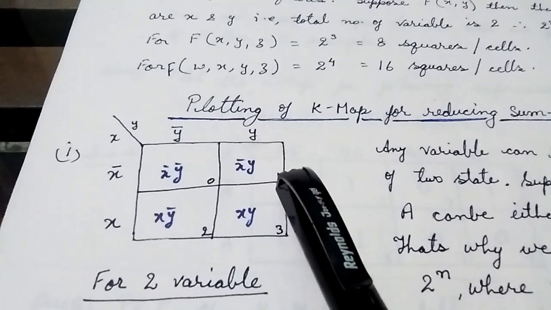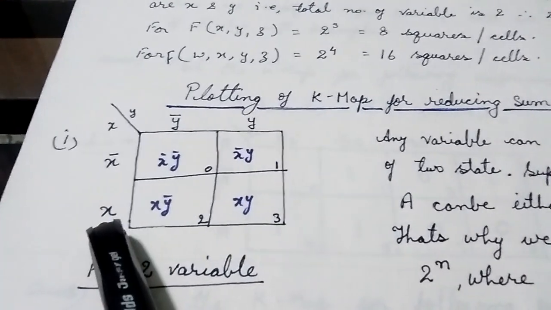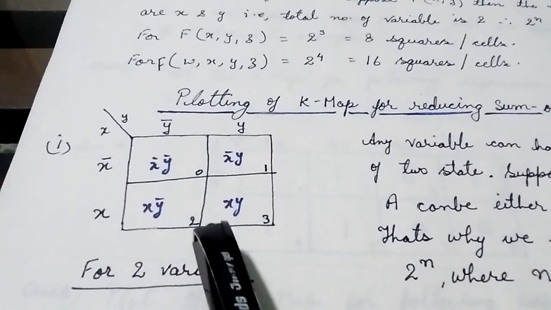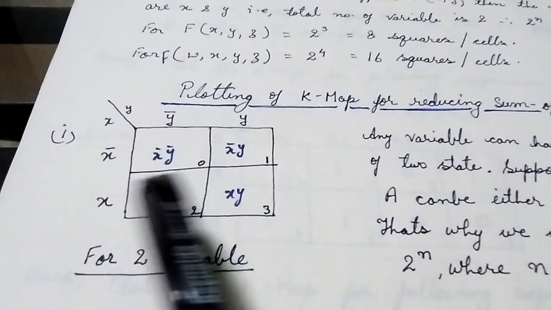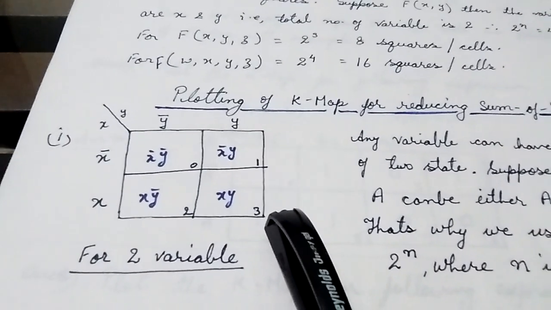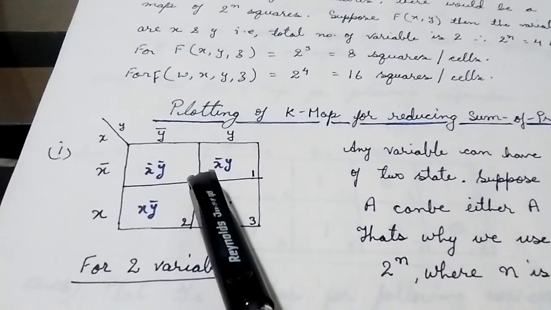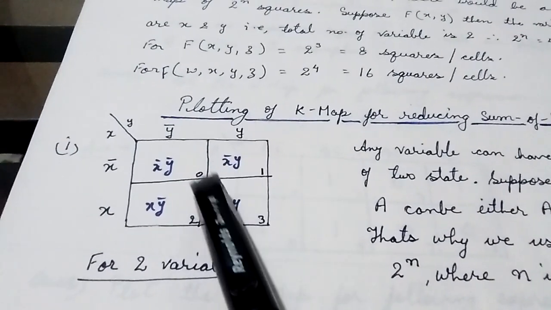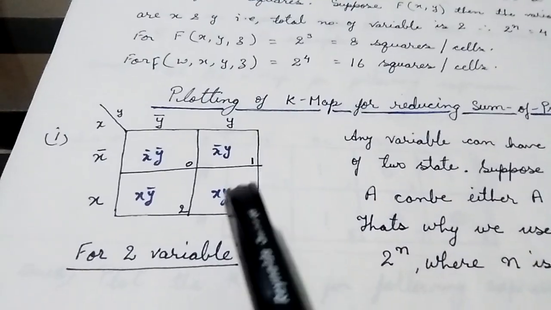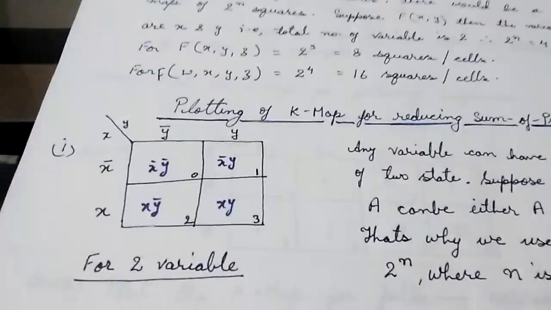So in decimal it is 1. x, y bar is 1, 0. So it is 2. x, y is 1, 1. So in decimal it will be 3. So we have to remember that we have to write 0, 1, 2, 3 at the corner in a small size in each cell.